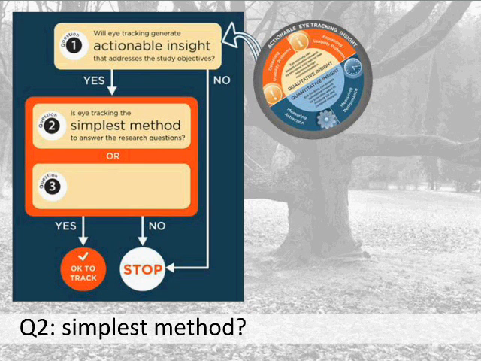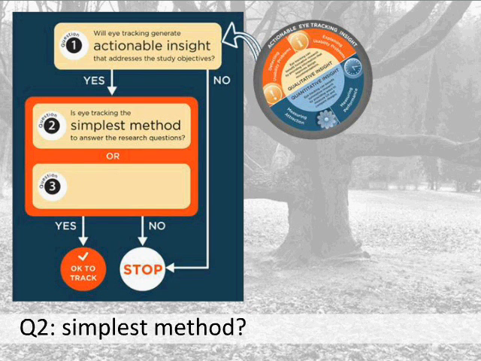Let's say when you're studying the utility of certain features that you're adding to an app. It would not be very useful to add eye tracking to that particular study. But if it's a yes, and you see that there is a good reason to use eye tracking, not just because it's interesting, then the second question encourages us to reflect on the economy of that chosen approach.